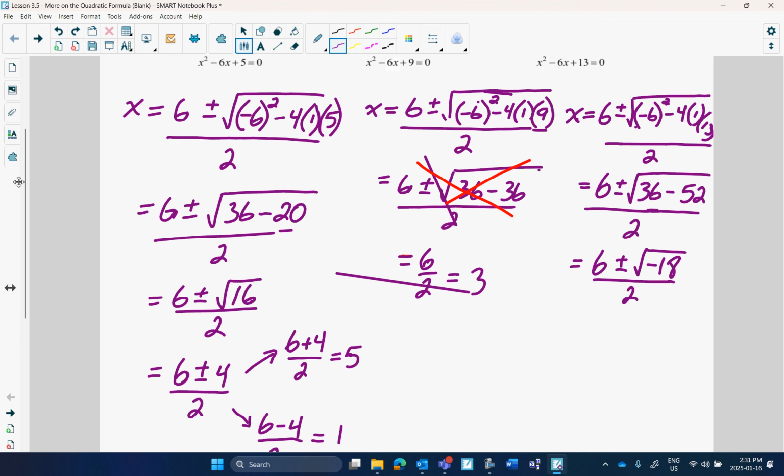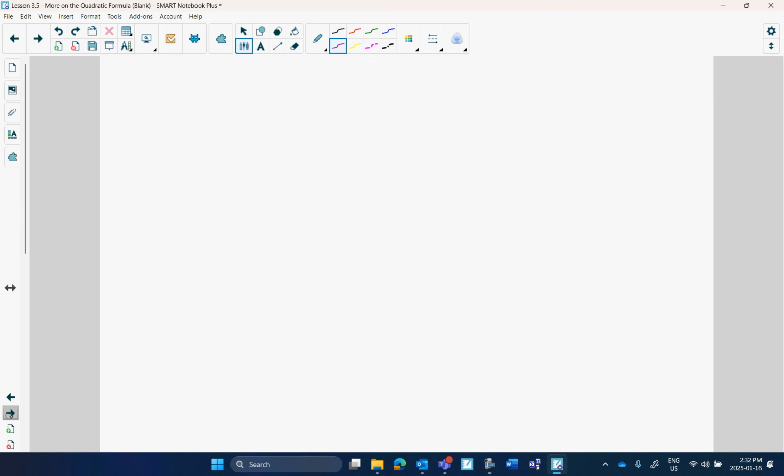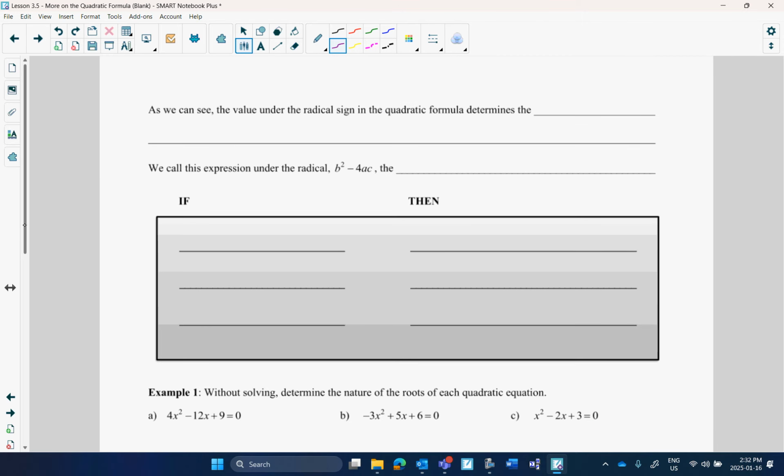If it's negative, there's going to be none. So it's that whole thing under the square root in the quadratic formula, that whole b squared minus 4ac thing. So the value under the radical sign determines the number of solutions or roots.